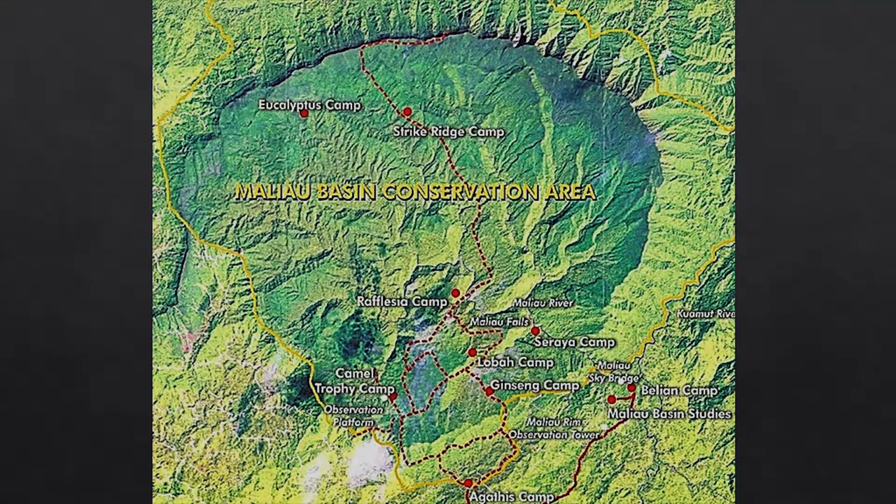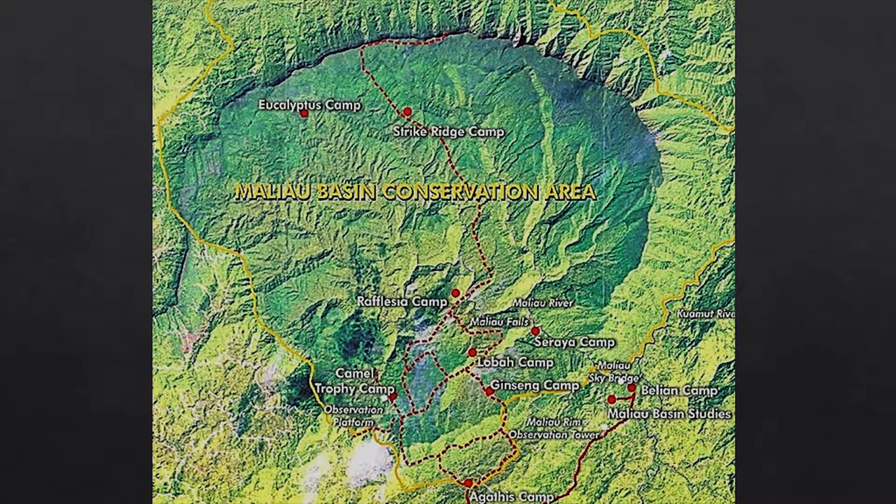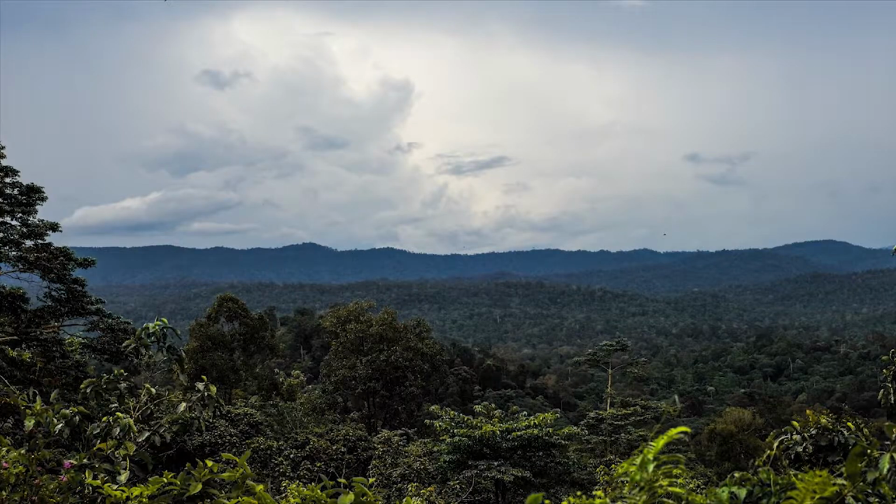And of course, when we first started, there were a lot of expeditions, and early expeditions failed because of malaria and all kinds of things. But eventually we had Agathis Camp at the very bottom here, and the Maliau Basin Study Centre, which is at the rim of the Maliau Basin.